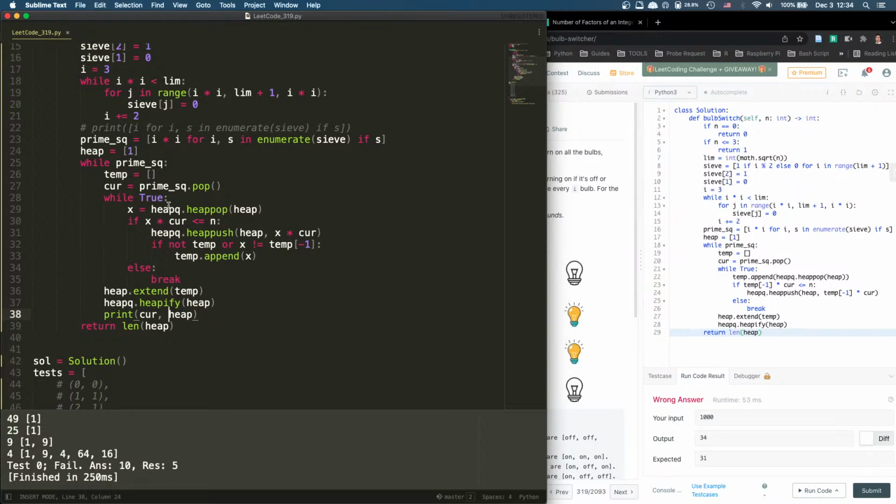Go up again. X equals heap pop. So heap pop. Now we're gonna pop out 49, and 49 has an as no, so we break. Oh, so that's why 49 is not in the temp.